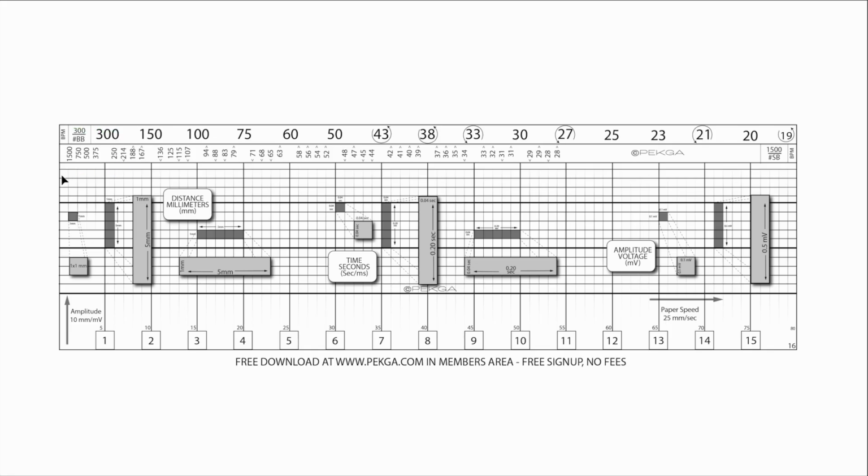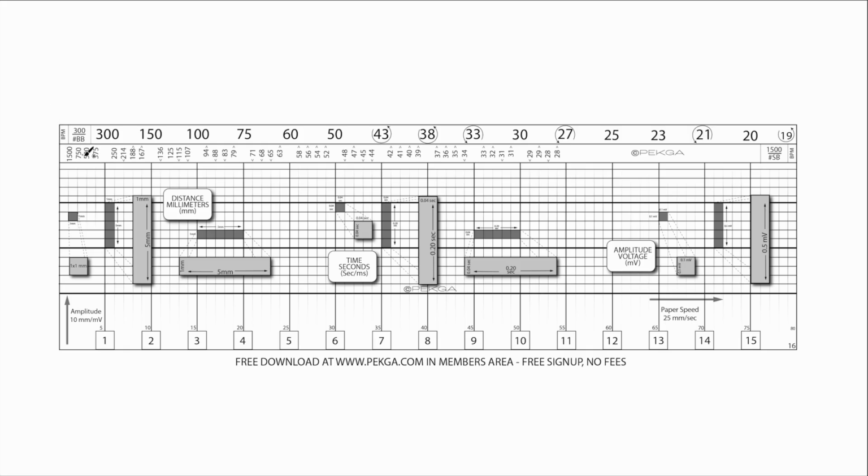So, let's say your QRS was here, your next big box would tell you that the rate is 300, 2 boxes down, 150, 100, 75, 60. This is what I was doing a moment ago, right? The 1500 rule, which I'm going to cover next, is right down here. So this is your line for the 1500 rule.